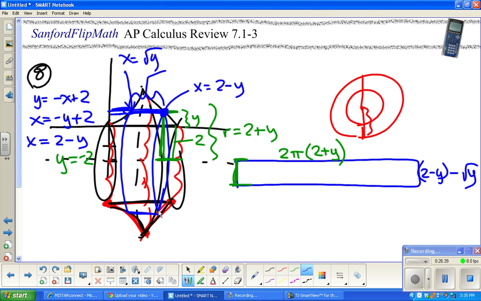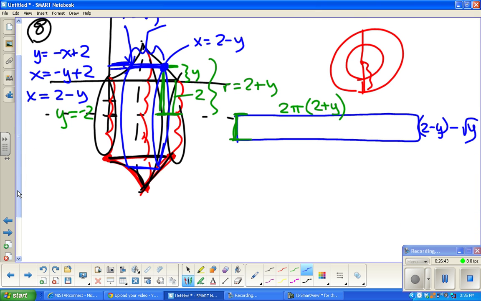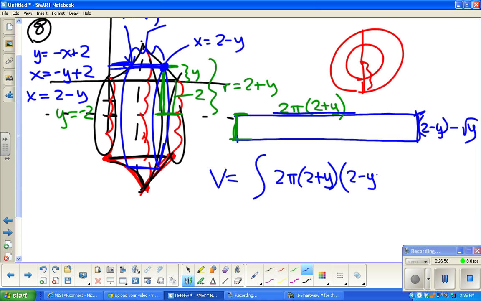And so the shell method, if you recall, is basically we're going to add up all of the length times width times thickness of this thing. So it's going to be 2 pi times 2 plus y times 2 minus y minus the square root of y, times the thickness of this label.